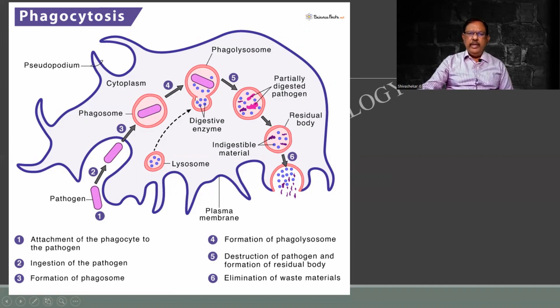The phagosome in turn merges with the lysosome to form the phagolysosome. Ultimately, powerful enzymes are being poured into it and they digest the organism. It can also happen in the case of autophagy and the residual body is ultimately formed. These residual bodies remain in the cell in the form of lipofuscin pigment.